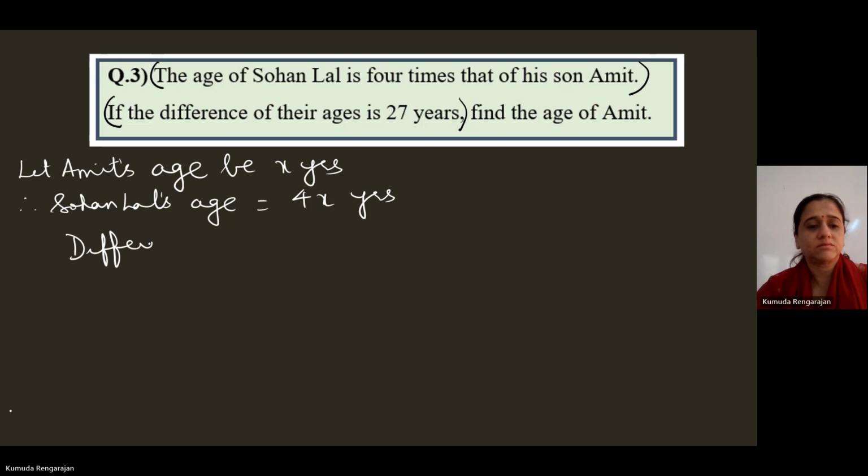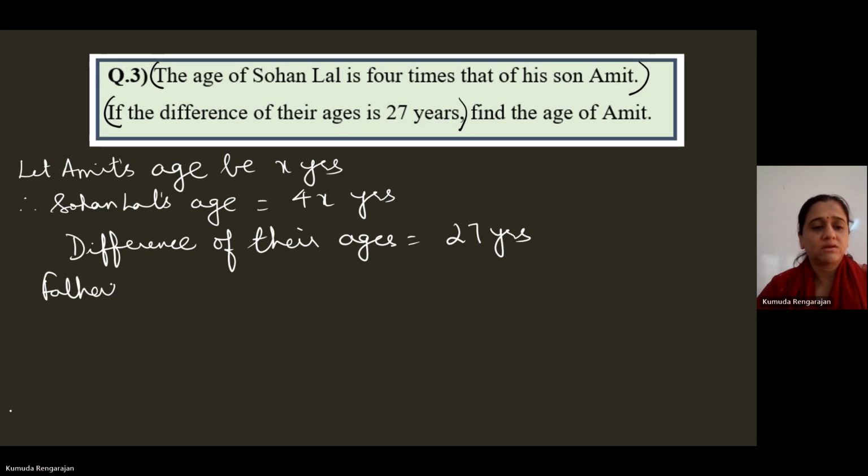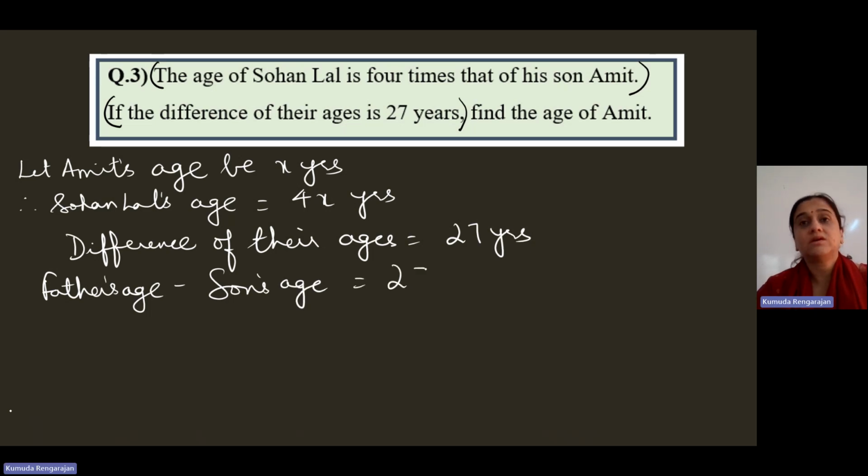The difference of their ages is equal to 27 years, as given in the question. So the difference of their ages means father's age minus son's age is equal to 27. Correct?